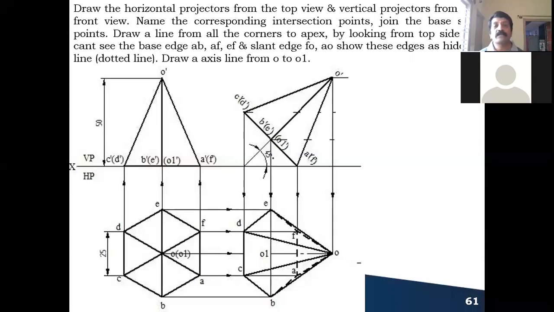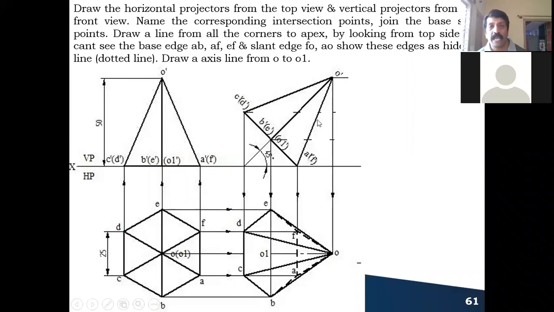After this, coming to the slant edges, all the corners of the base should be joined to your vertex or the apex. You're looking from here, C to O you can see and D to O you can see, it is very near to you. C to O is a visible edge, D to O is also a visible edge. E to O as well as B to O is seen, and it also becomes the outermost boundary line or the outline of the drawing.